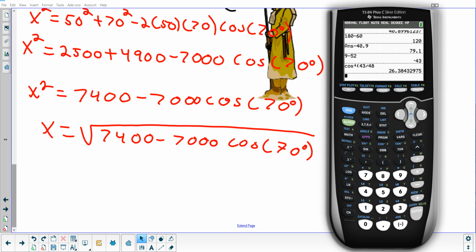Doing it this way is the best way because we haven't rounded anything. The more you use the calculator and round in the problem, the less accurate the answer gets. So, square root of 7,400 minus 7,000 cosine 70. The calculator should handle order of operations, no problem.